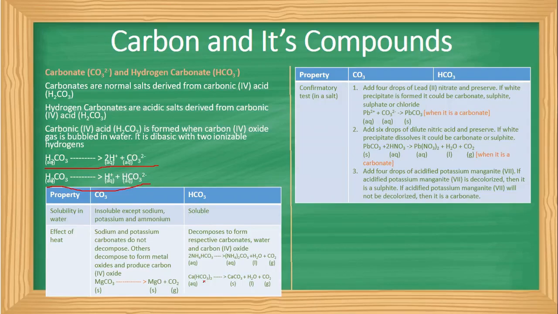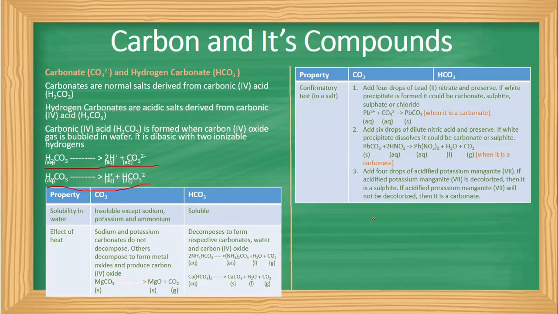Another thing we are looking at here is the confirmation test for both carbonates and hydrogen carbonates. If you have a substance that you want to determine whether it is a carbonate or a hydrogen carbonate, the first step is to react that particular substance with lead 2 nitrate, and if a white precipitate is formed, it is either a carbonate, a sulfate, or a chloride.